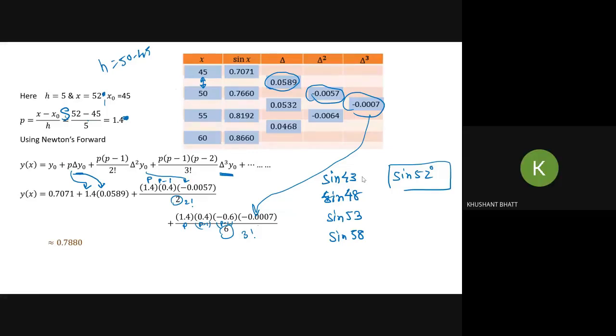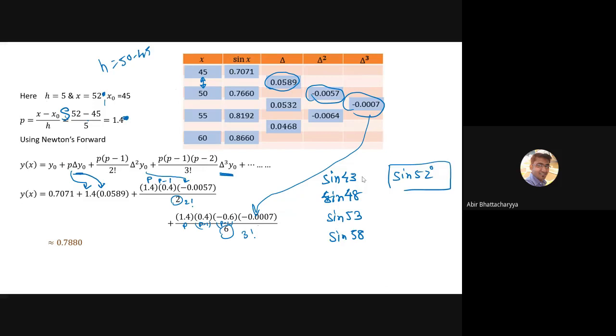Sir, I think it's more near this value. But how? It's 45, 50, 55, 60, and I'm approximating 52. In the second table, I gave you 43, 48, 53, 58, approximating 52.